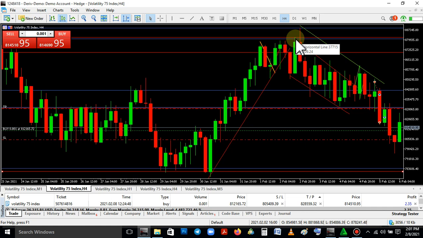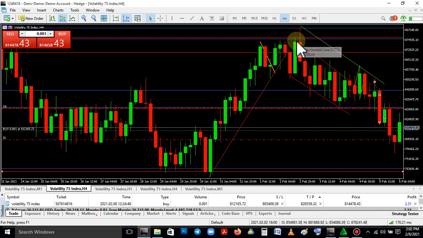Listen to me, price will always move between support and resistance. It doesn't matter if at first attempt it didn't touch it, but on a long run, if it is a genuine support and resistance level, price is going to kiss it. Price came here, went back as if we were going down, and came back and kissed this level.